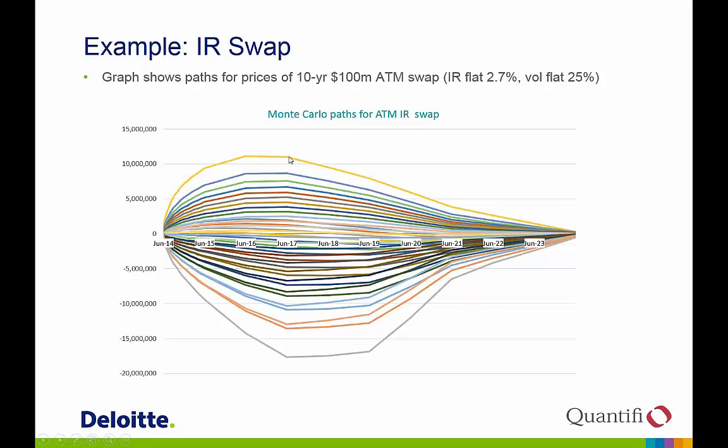But these are paths, and these are values: in 3-4 years you can see that your swap is maybe 12 paths positive, 12 paths negative. It can go to minus 18 million to plus 12 million and so on.